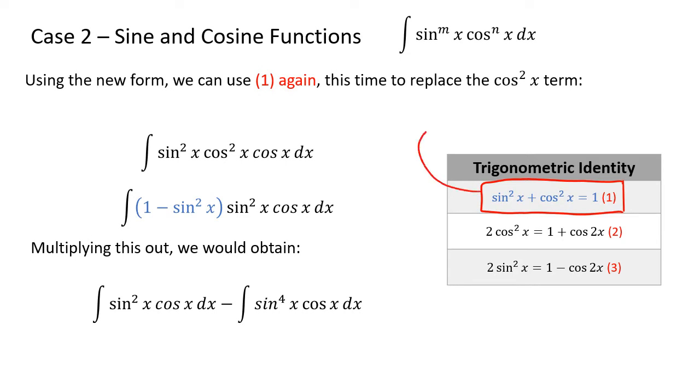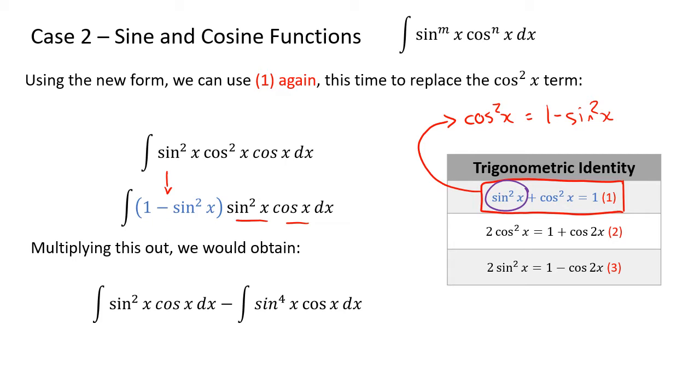In other words, what we're substituting in is that cosine squared of x is equal to 1 minus sine squared of x. So we brought the sine function to the other side of the equation this time instead. So if we substitute that in, we get 1 minus sine squared of x times the remaining terms, sine squared of x and cosine x dx.